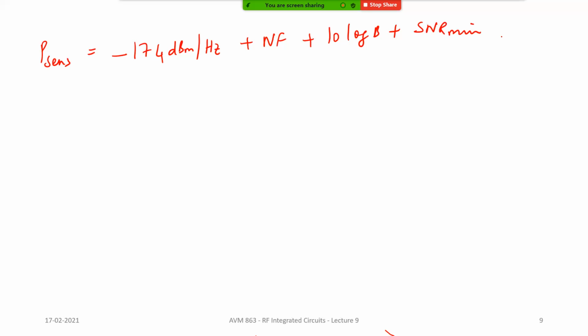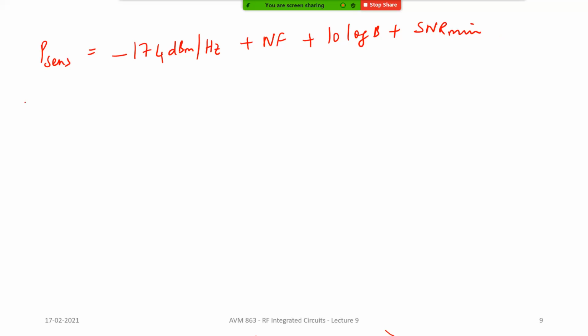So this is why you get this very commonly used, famous sensitivity equation: minus 174 dBm per hertz plus noise figure in dB plus 10 log of bandwidth plus SNR min. So let's throw in some numbers.